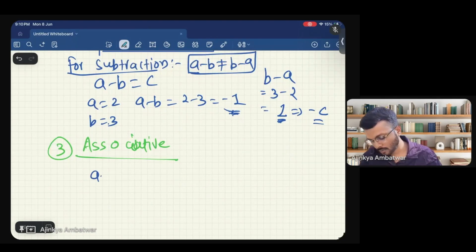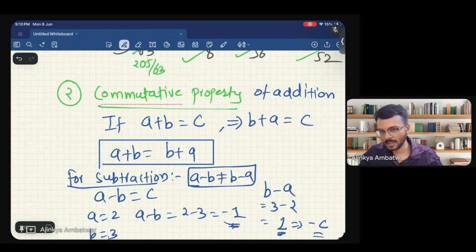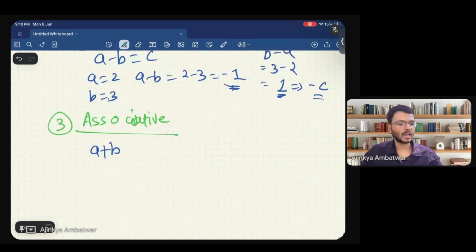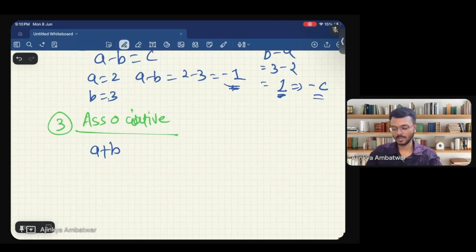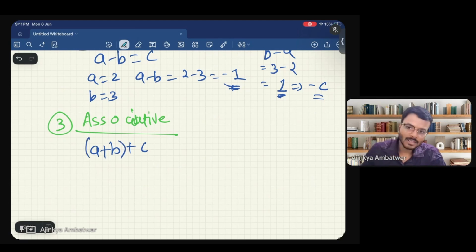So if I was doing a plus b in the previous case, now in associative, I will introduce one more number c and add it together. Now I'm adding three rational numbers together. If I'm adding three rational numbers a plus b plus c in this order, I'll do a plus b first and then add c to that.